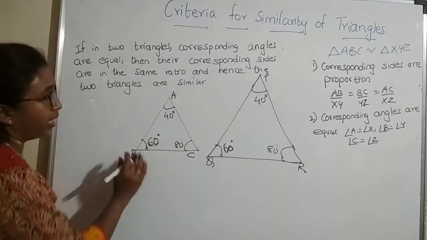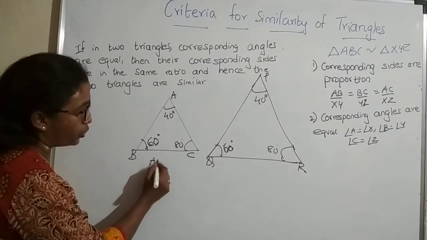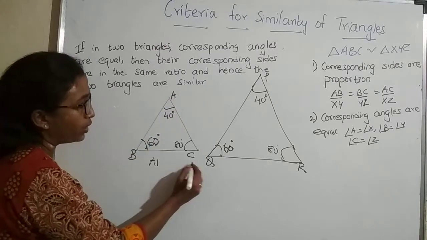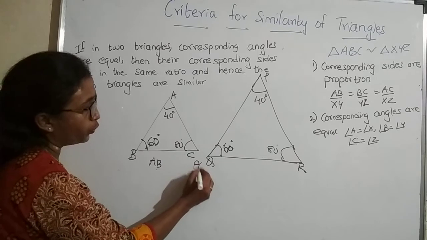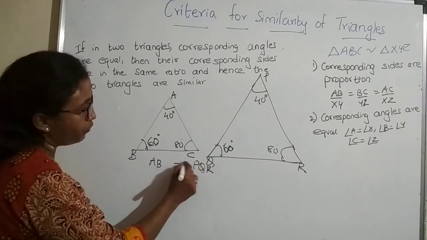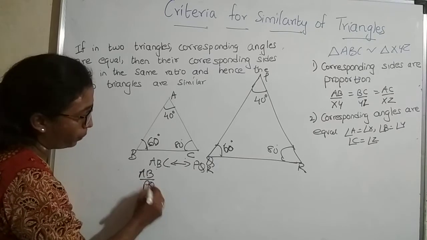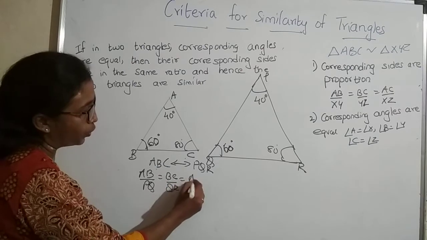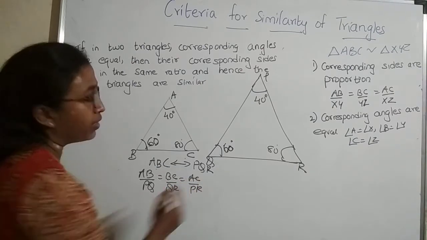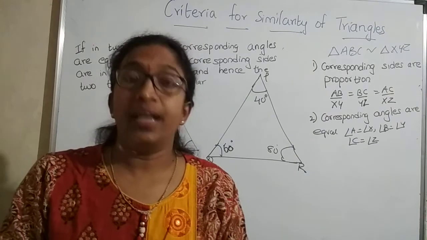Now we know that A is corresponding to P, and B is corresponding to Q, and C corresponds to R. So if I take the ratio of AB upon PQ, BC upon QR and AC upon PR, you will find that the corresponding ratios of the sides are equal.